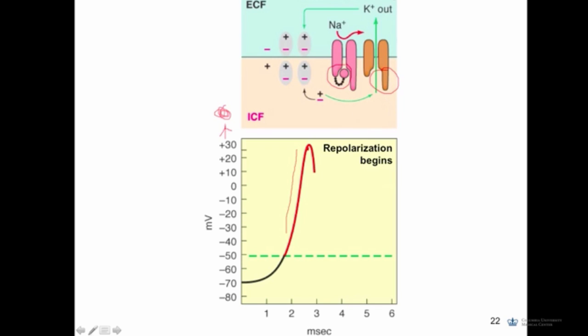So at this point, potassium actually has a huge motivation, both electrical gradient and concentration gradient, to get out of the cell. And that's exactly what it does. So potassium flows out, and it takes its positive charge with it, and it starts to cause membrane potential to go down.